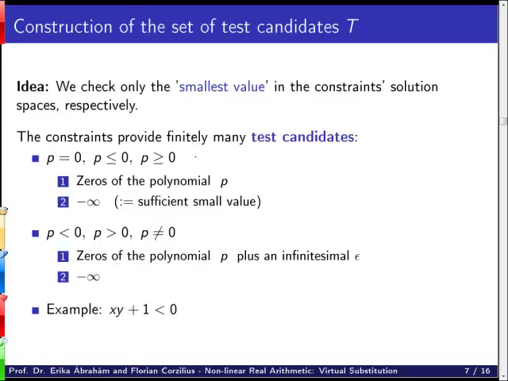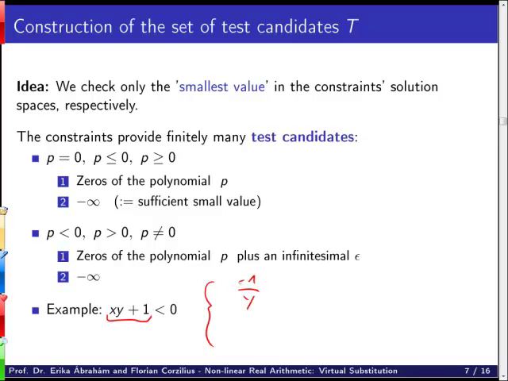So the zero of this polynomial is, I help you, minus 1 divided by y.